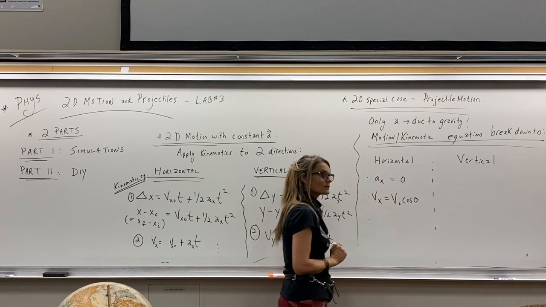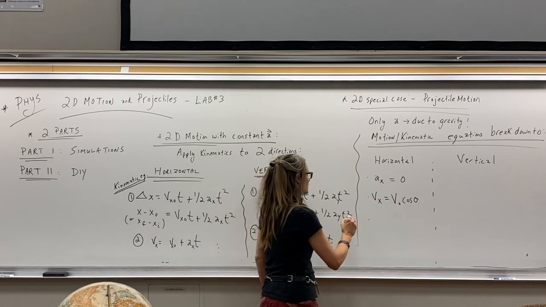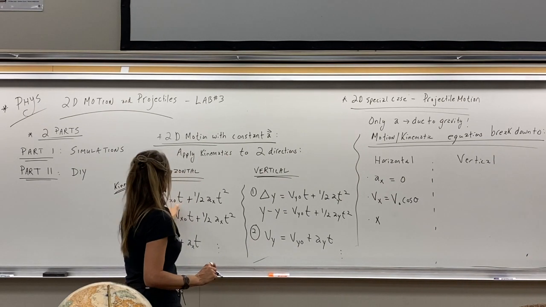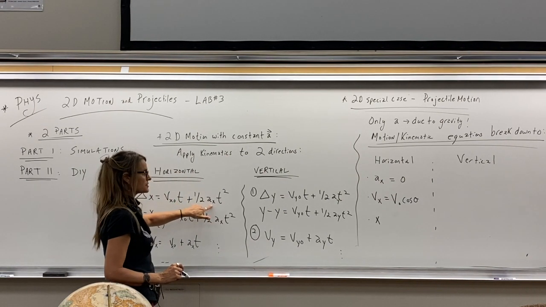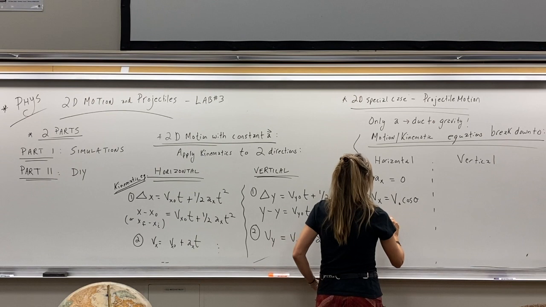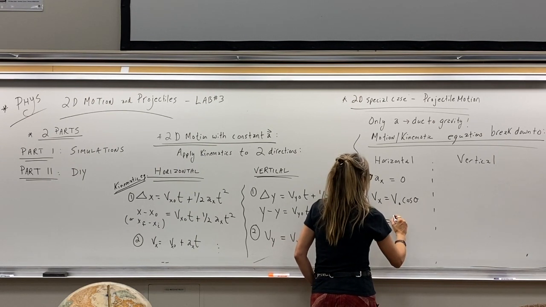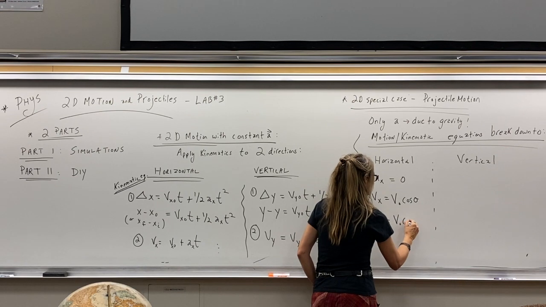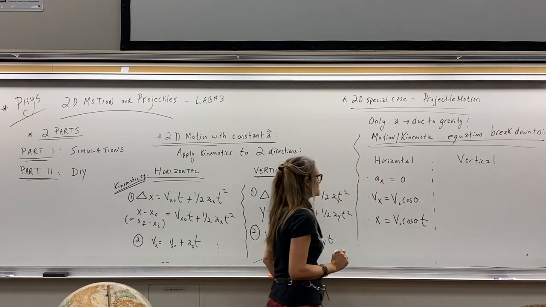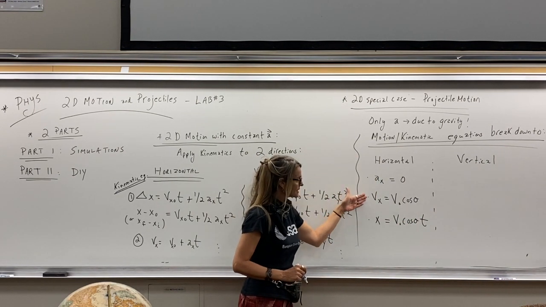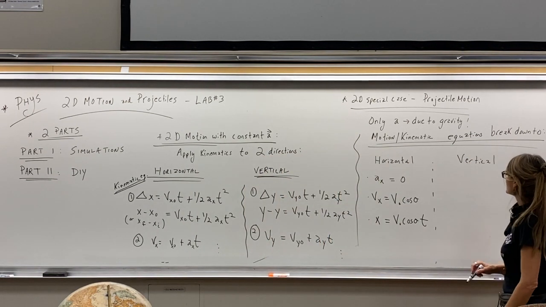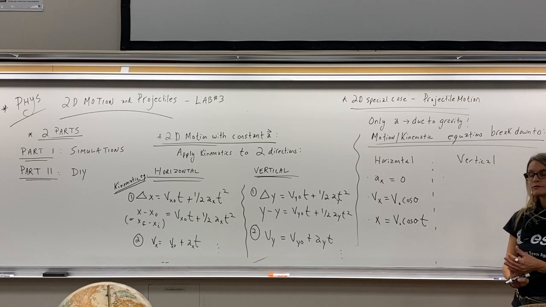And then our horizontal position comes from this kinematic equation, okay? In that case, this is 0, so we have no acceleration horizontally. So all we'll have is x. Our final position will be v naught, our initial velocity, cosine theta, so that we have our horizontal velocity only, times t. So you could break down your horizontal motion into these three pieces, these three definitions, and apply that to your problem. Now, in a similar fashion, we could break down our motion vertically.